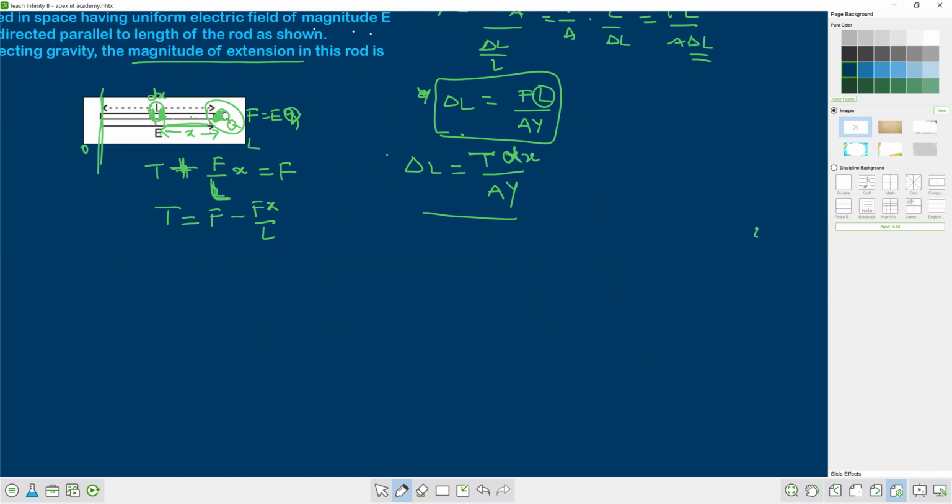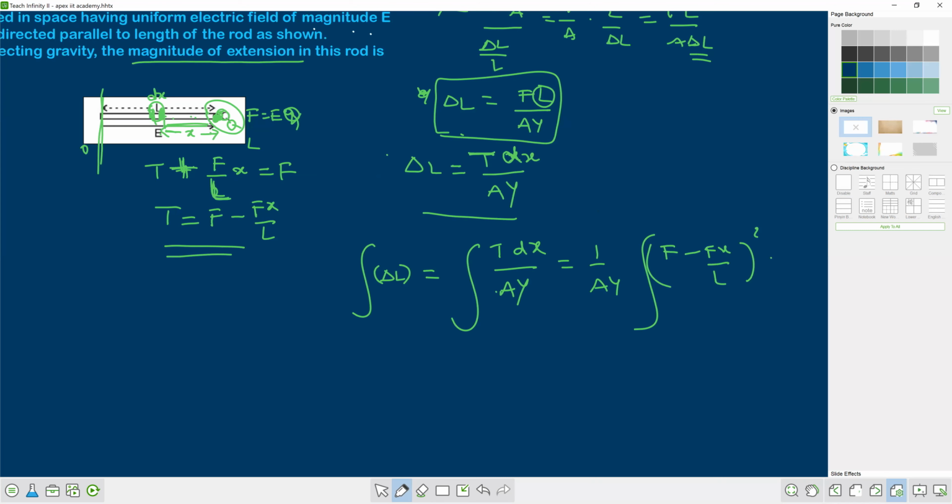So this particular expansion is equal to the integral of T dx by area into Young's modulus. Of course, area and Young's modulus are the same everywhere, but what is the formula for tension we have taken? Tension equals F minus Fx by L. In place of T, you can write F minus Fx by L into dx.